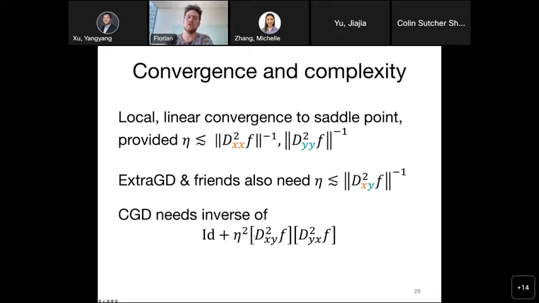And it's only when this eta times dxy is large that we actually have a substantial overhead of using CGD. But that is exactly the case where extra gradient and similar methods do not converge anymore at all. So if we choose a target accuracy in our local solve, we have an automatic adaptation of the amount of computation that we invest at each iteration.